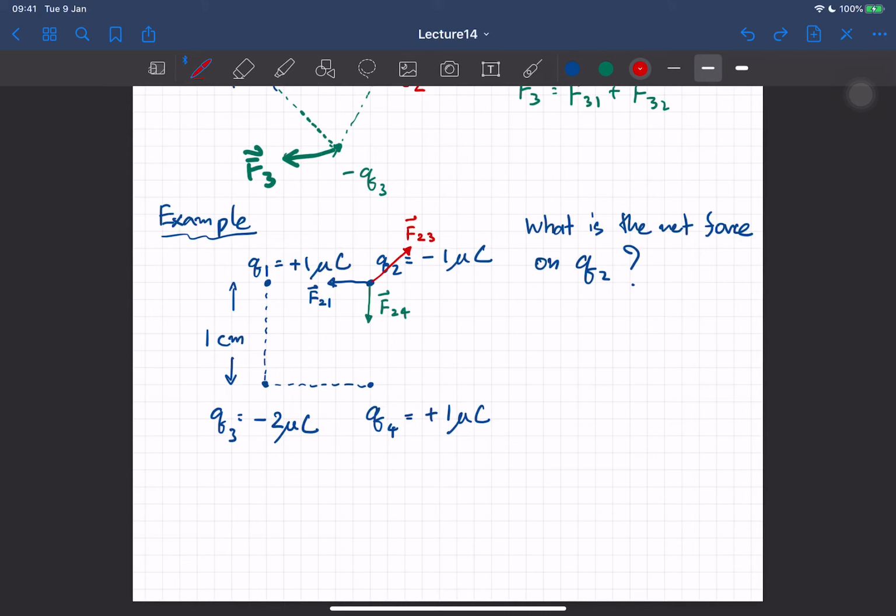So I'm gonna redraw the diagram here because it's easier. So I have this Q2. Q2 is pulled down by 4 that way, by 1 that way, and then by 2, 3 that way.